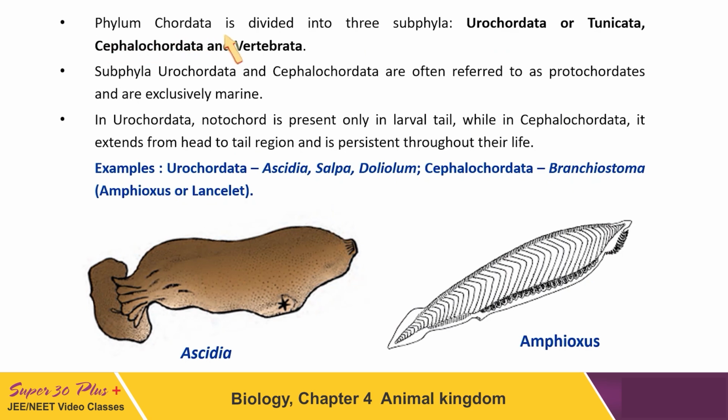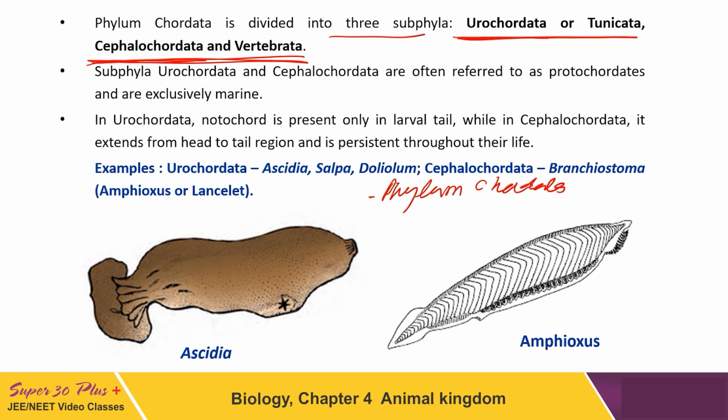Phylum Chordata. It is divided into 3 subphyla: Urochordata or tunicates, Cephalochordata, and Vertebrata. One of the questions was once, this phylum Chordata has the subphylum Hemichordata, then Urochordata, and Cephalochordata, and Vertebrata.